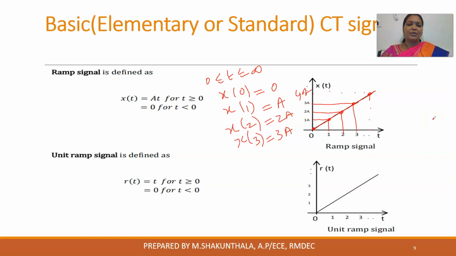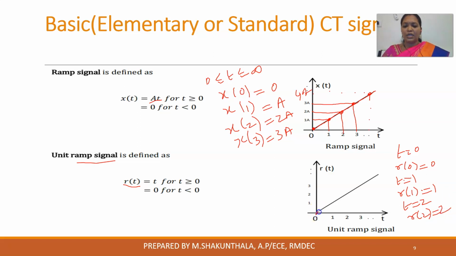If it is a unit ramp signal, you have to take the value of A as 1. So the unit ramp signal is denoted by r of t, which is given by r of t equal to t for t greater than or equal to 0. So what happens? When t equal to 0, r of 0 is 0. When t is equal to 1, r of 1 is 1. When t is equal to 2, r of 2 is 2, and so on.